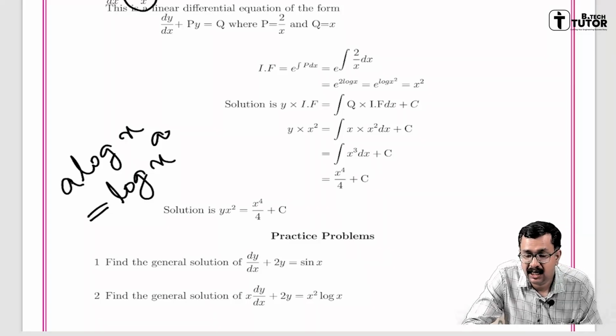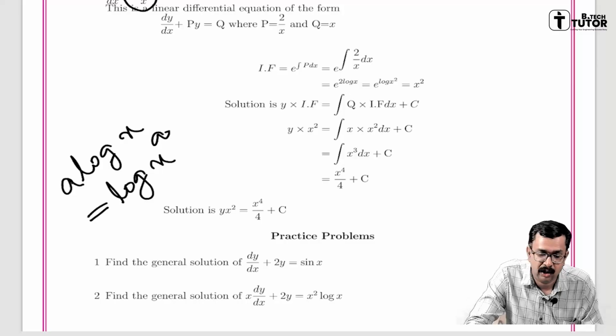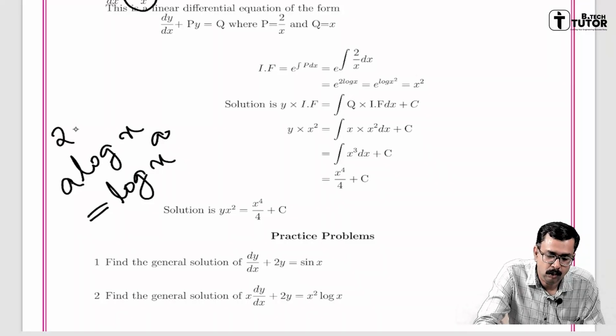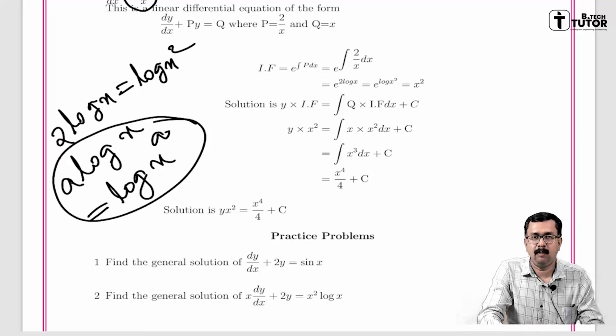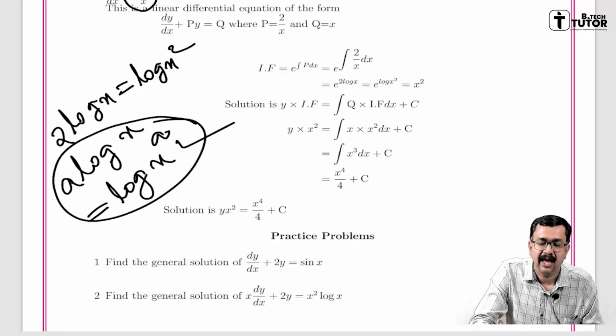Therefore, here is e raised to 2 log x. 2 log x can be written in this form as log x square. Remember that it is a standard result: a log x equals log x raised to a. Therefore 2 log x equals log x square.